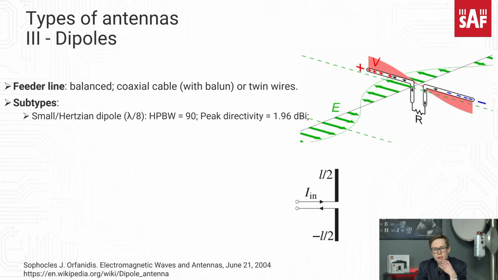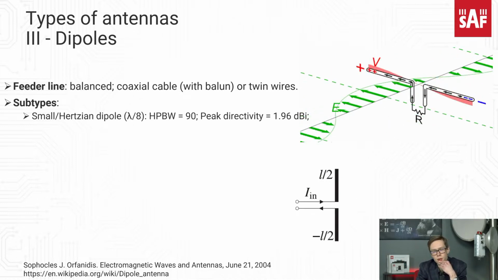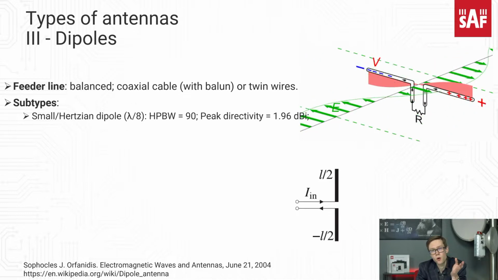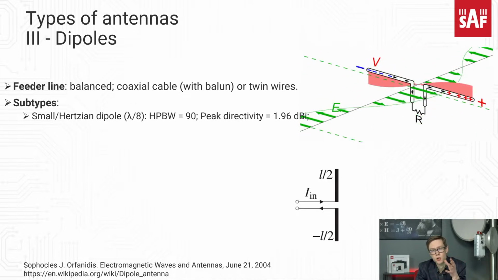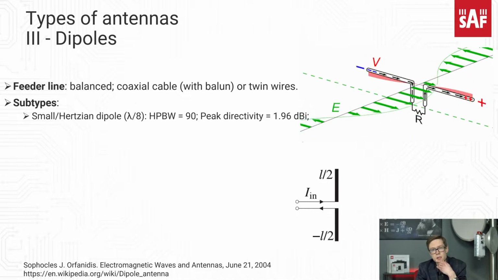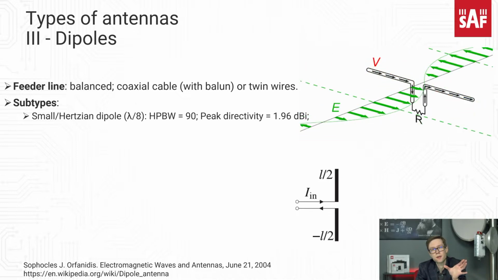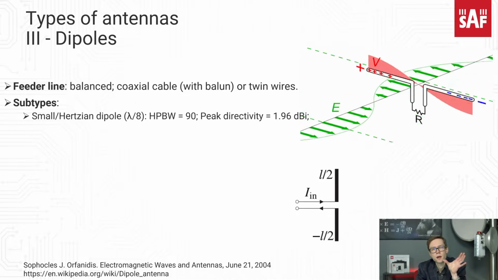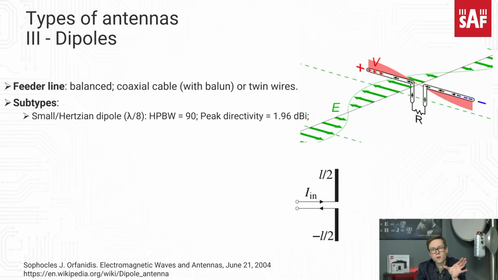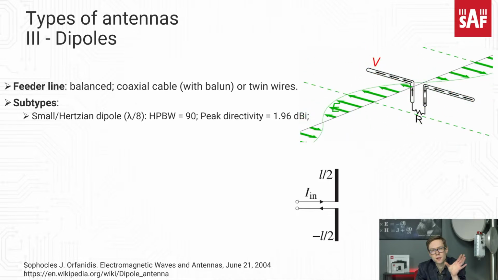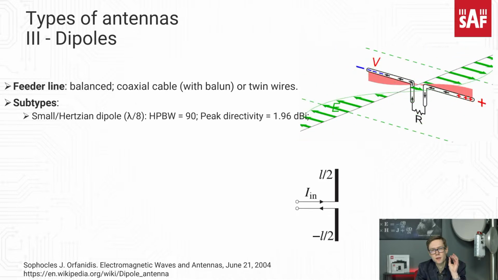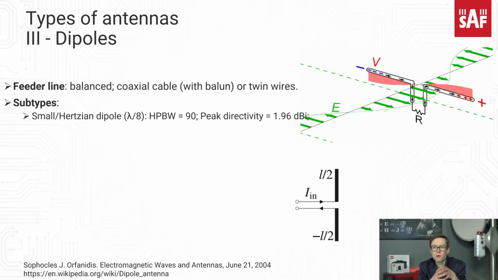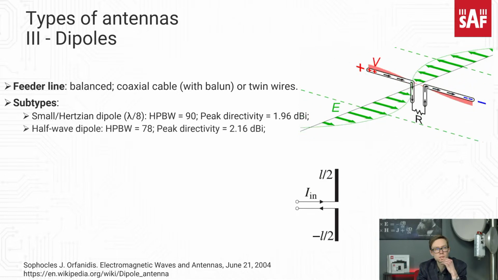There are different subtypes of this dipole antenna. The small dipole, also called Hertzian dipole, which he probably used in his experiments, has dimensions of 1/8 of a wavelength, and you can see that the peak directivity is about 2 dBi, and the half power beamwidth is quite wide, 90 degrees.